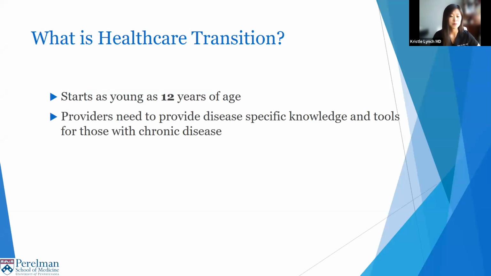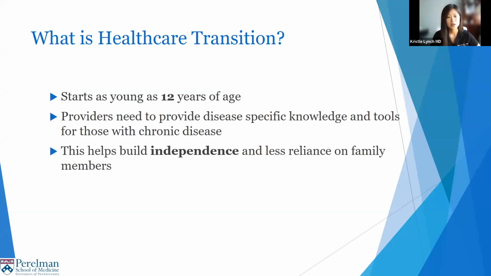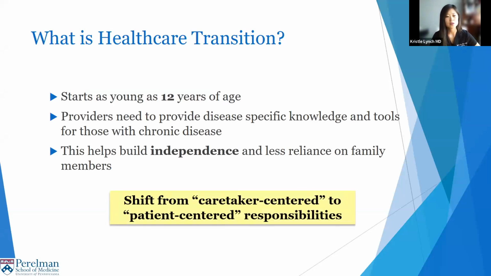And we'll talk about a lot of those tools and steps today. This really helps build independence on behalf of the patient, as well as less reliance on family members and family support. And so overall, this is really a shift from caretaker-centered to patient-centered responsibilities.